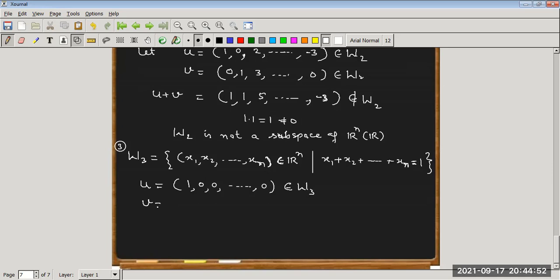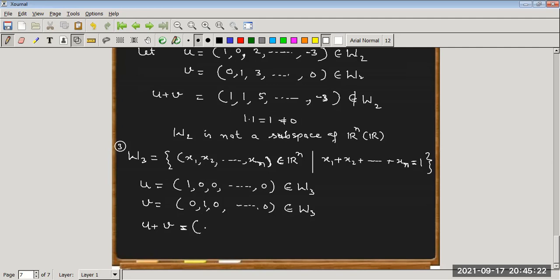If we take V equal to (0, 1, 0, 0, 0) and add all the entries, again the sum is 1, so this also belongs to W3. But if we add U plus V, because if W3 is a subspace, then it is closed under addition, so U plus V must be in W3.